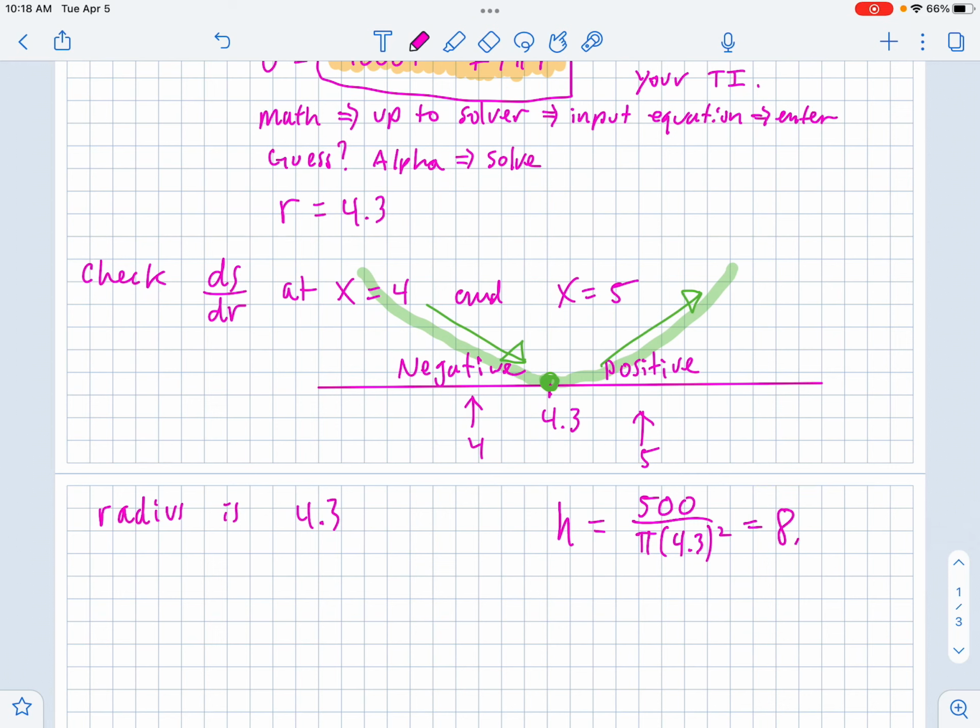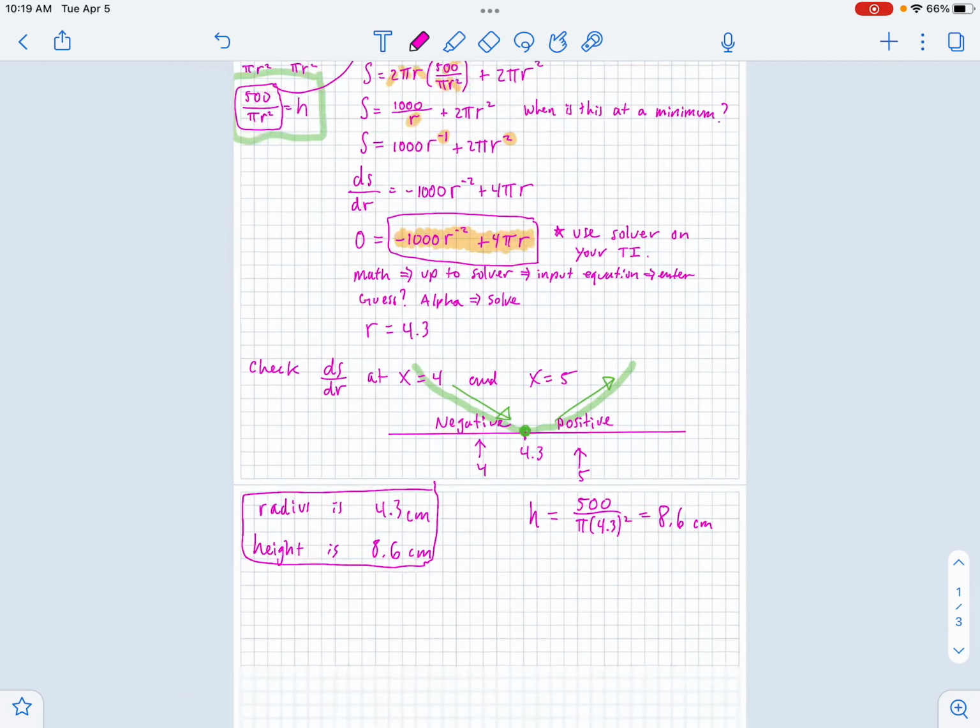Pi r squared. Pi 4.3 squared. This is equal to 8.6 centimeters. So radius is 4.3 centimeters. Height is 8.6 centimeters.